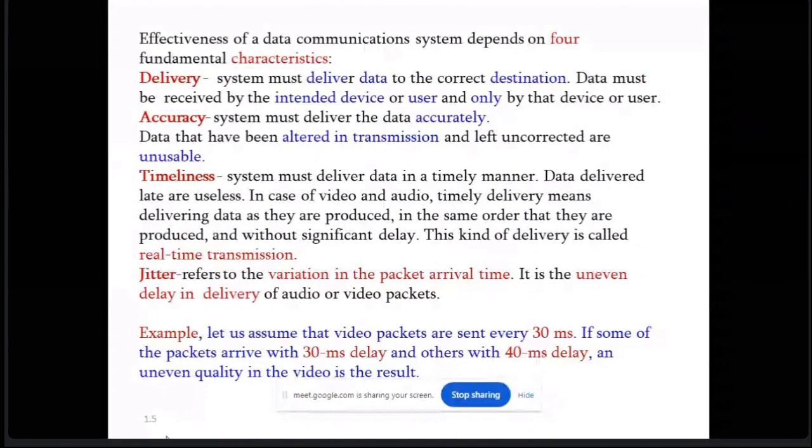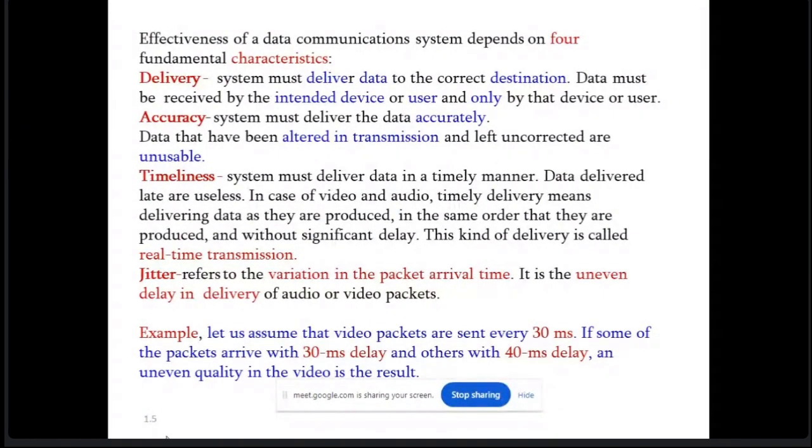Because there is a chance of loss of data, or the data may be in an uncorrected form, because through the wired or wireless medium it may change. That's why they do it like this. Altered or uncorrected transmission is unusable. So we must deliver the data accurately. So we have to think about the second parameter, accuracy.